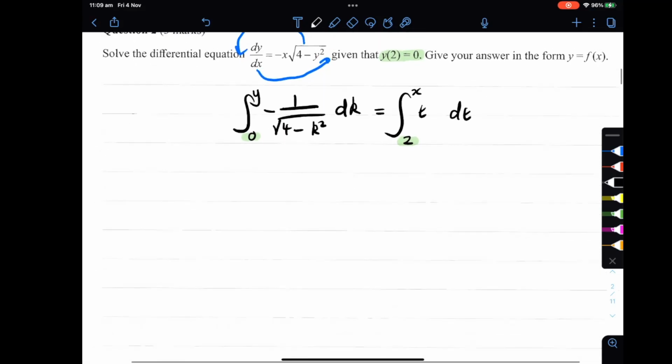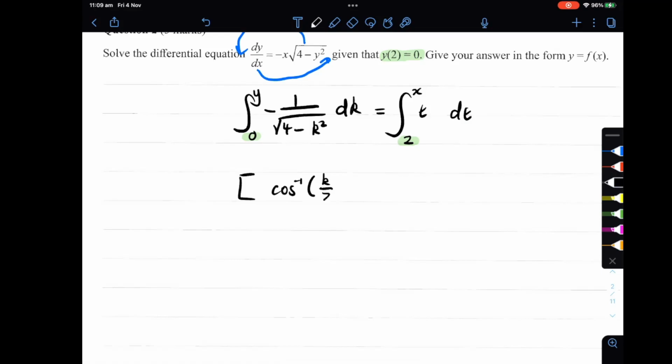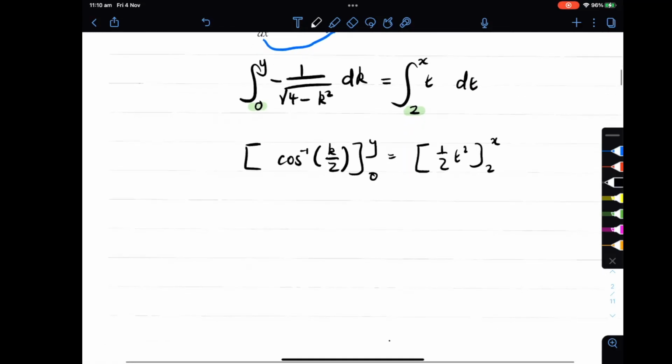Right, let's integrate. If we integrate this, it looks like it's going to be cos inverse of k over 2. And for this one, it looks like we're going to get a half t squared. All right, let's sub in the numbers.